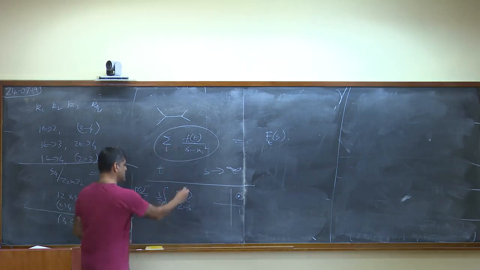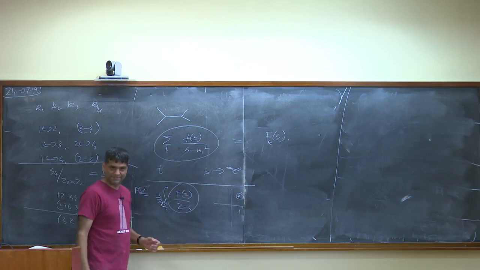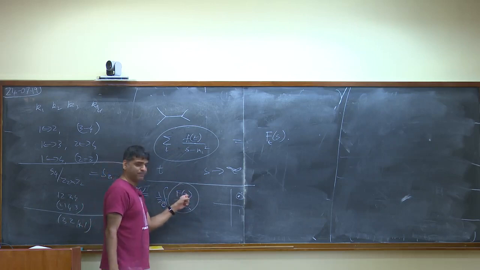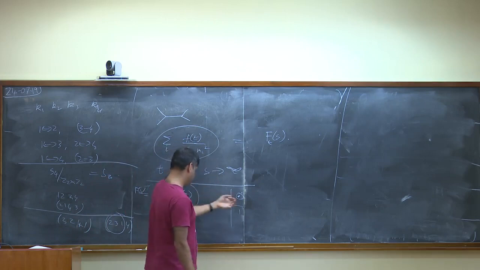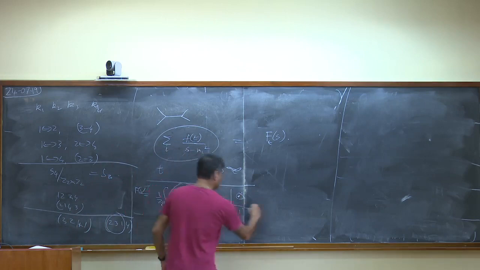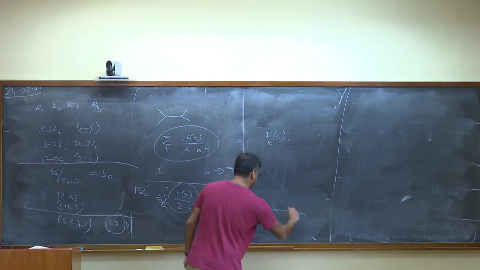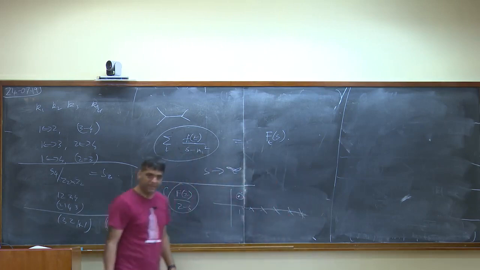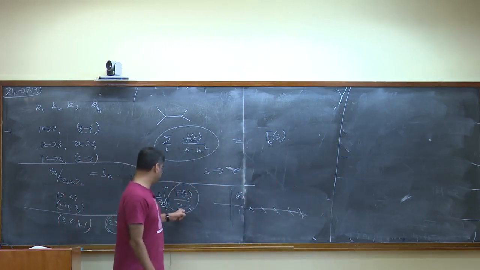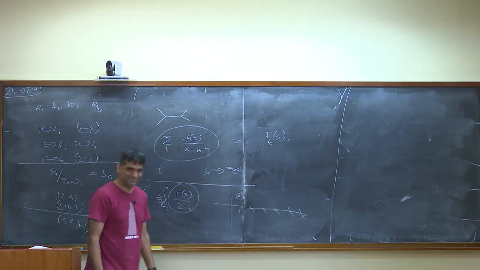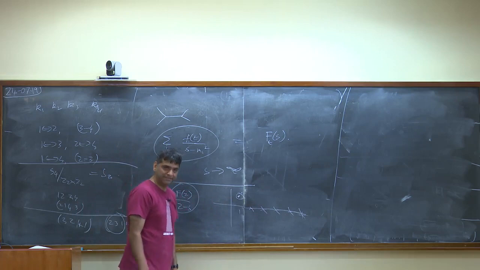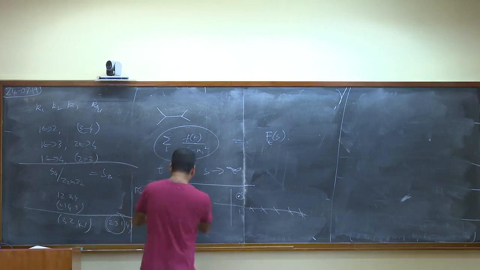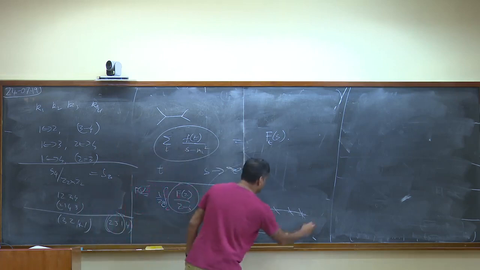But in this function, what are the singularities? This function of z has poles at mi square, not anywhere in my disk, and of course it has a pole at s. So the poles in z are at the various points mi square and at z equals s. Now I take the same function and do the contour integral.